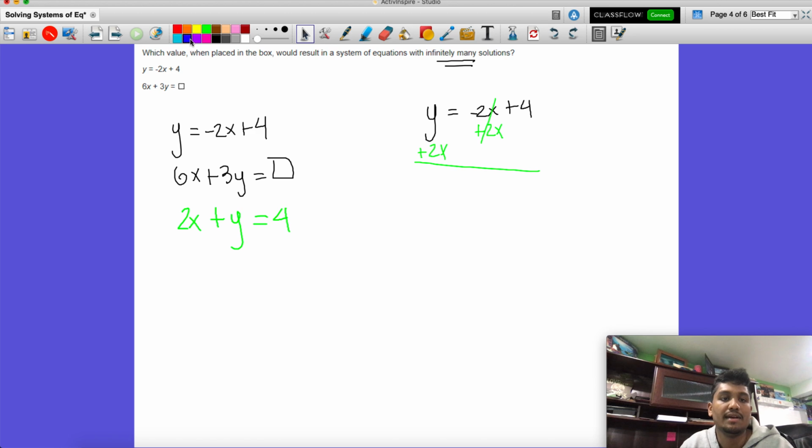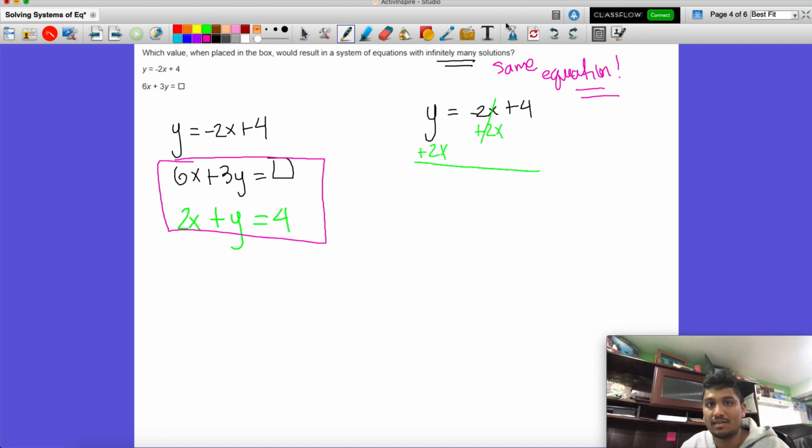Now, remember from the last problem, infinitely many means same equation. Super important. So think about it. If you're looking at this, how do you get from 6 to 2? Not subtracting, but you can divide by 3. 6 divided by 3 is 2.